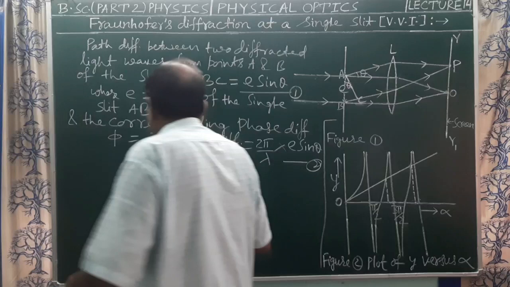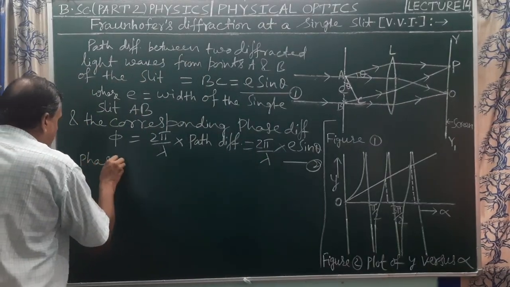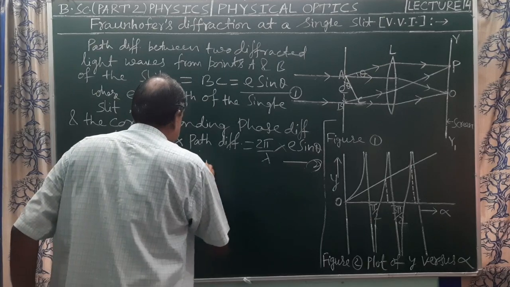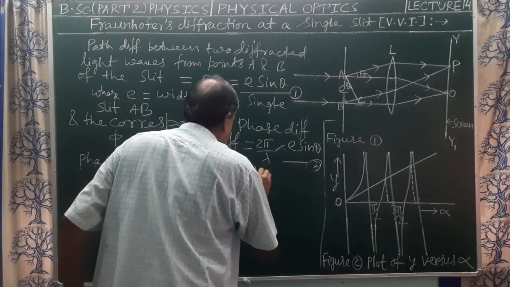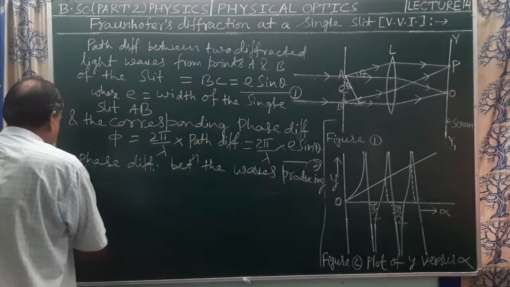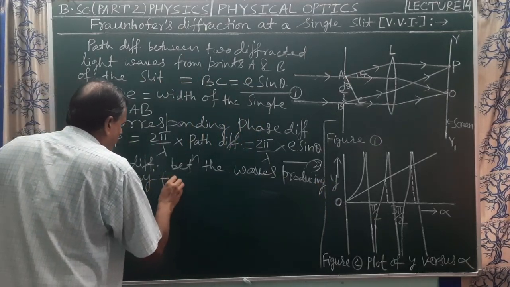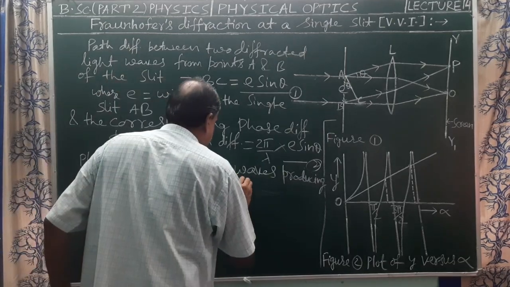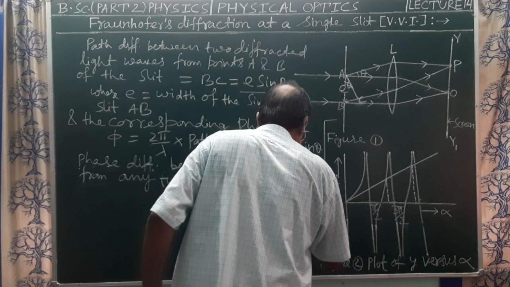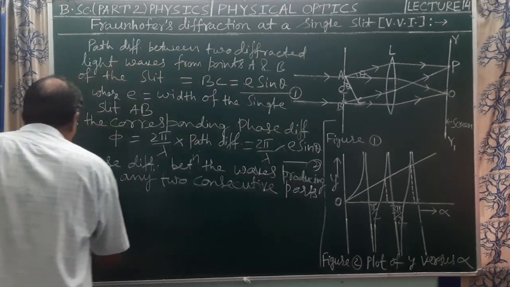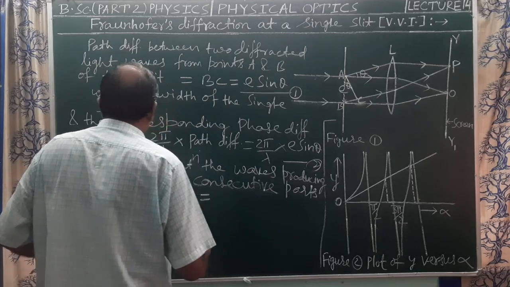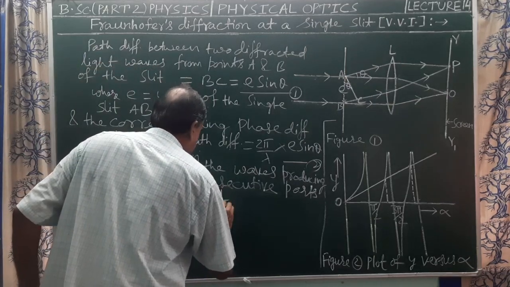And so write down: phase difference between the waves, that is secondary wavelets produced from any two consecutive parts of the slit AB, is equal to phi upon n, that is 1 by n multiplied by phi.